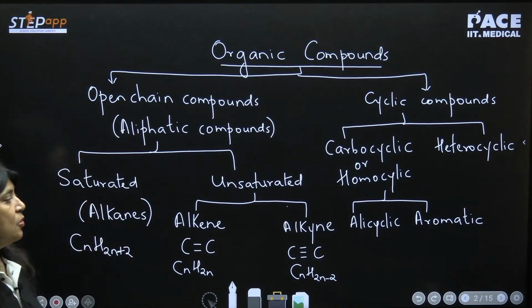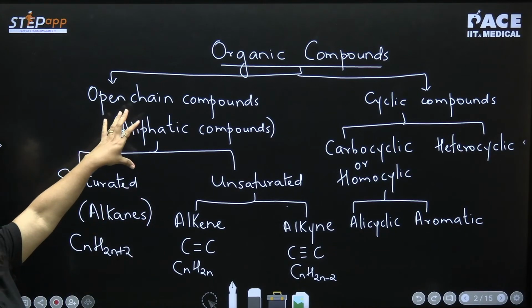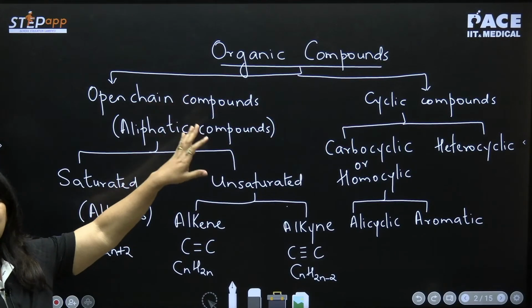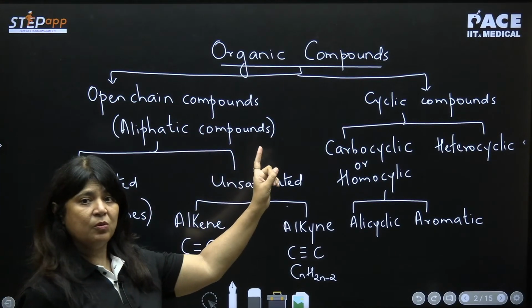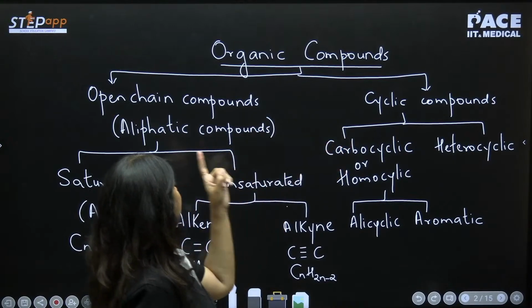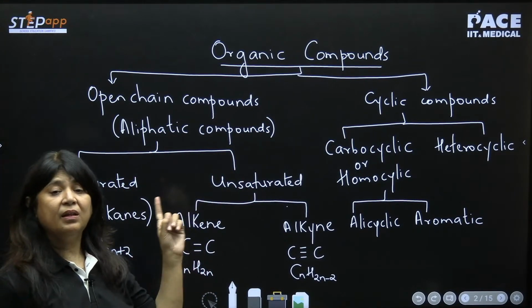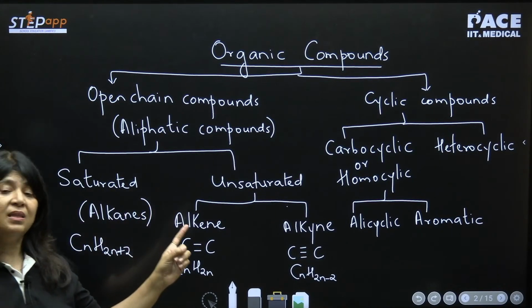Okay, so this is the classification of organic compounds. I repeat, you have open chain and you have cyclic compounds. Open chain organic compounds are also called aliphatic compounds, and aliphatic compounds are further classified based on whether the molecule is saturated or unsaturated.